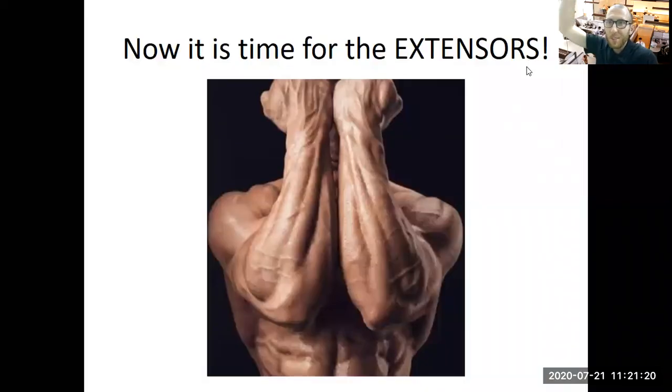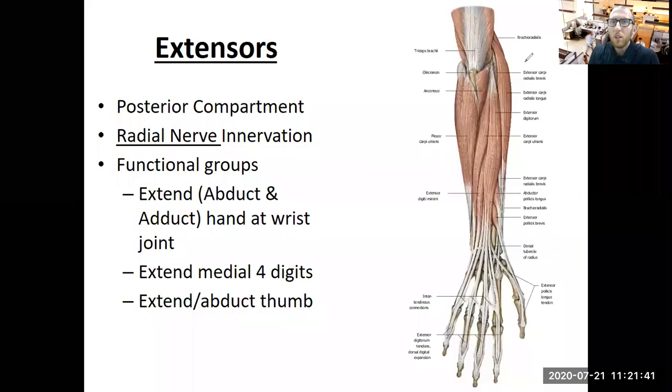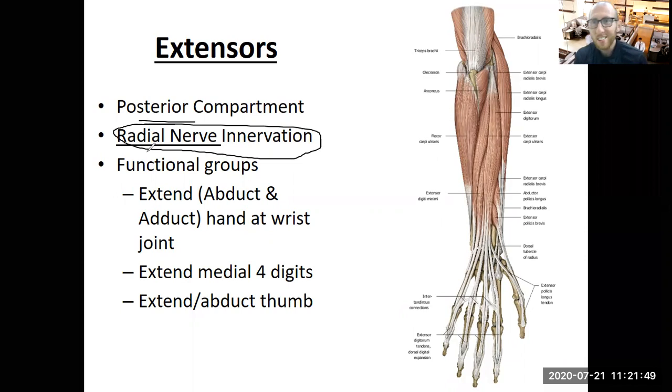All right, it's time for the extensors now. We got to talk about all the extensors on the posterior side of the forearm. What I love about the posterior muscles is that they truly are all radial nerve. So anything posterior, I want you to say radial nerve. Say that with me. Posterior forearm, radial nerve.